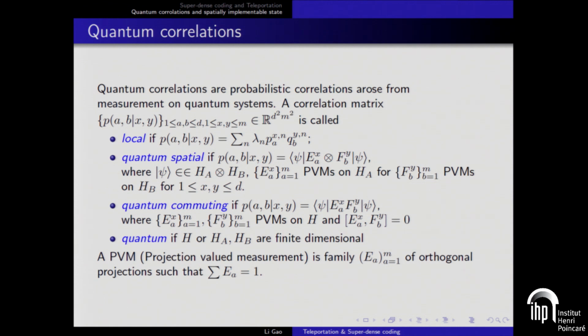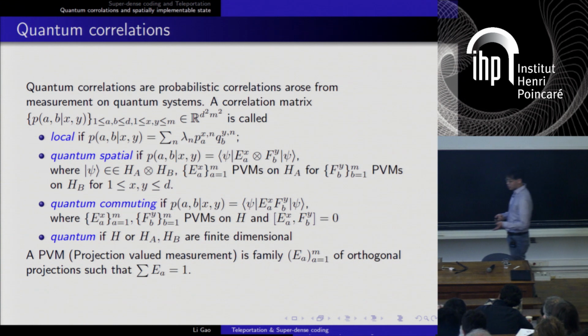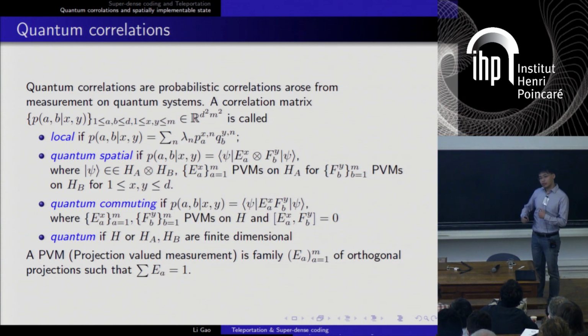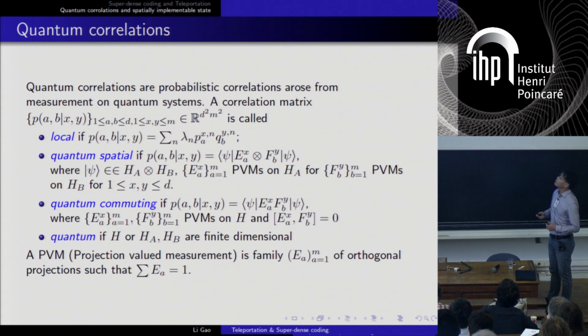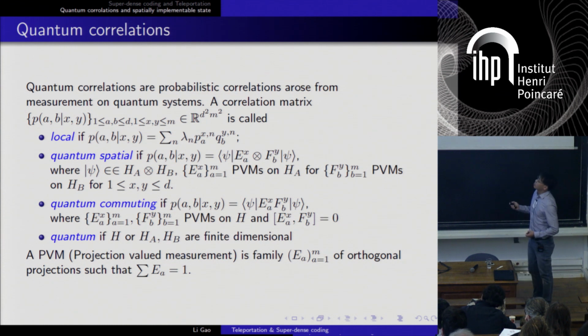A more general setting is quantum commuting, where you assume the states live in one Hilbert space and the measurements from the two different parties commute. Although the measurements, all the E's, may not commute among themselves, every E commutes with the F's. And it is called quantum if, in either of the above cases, the Hilbert space can be finite dimensional.